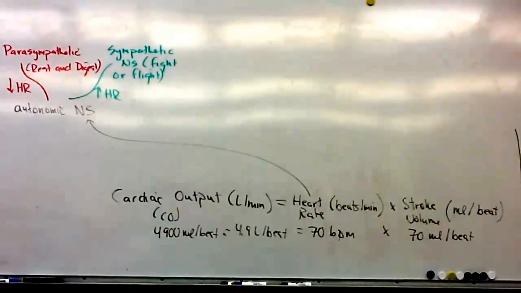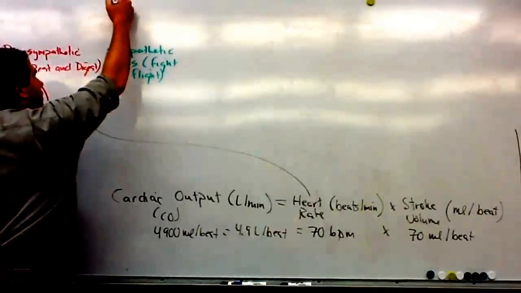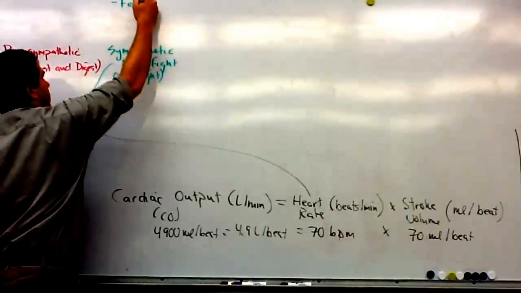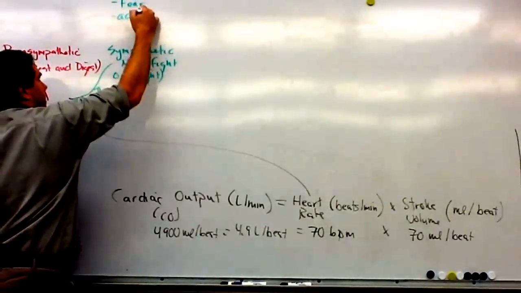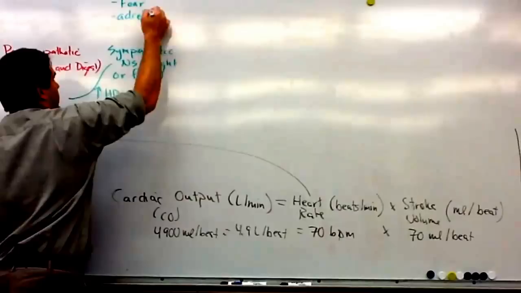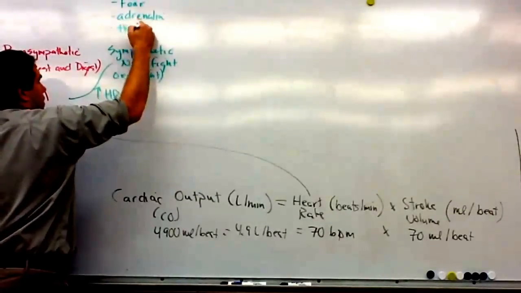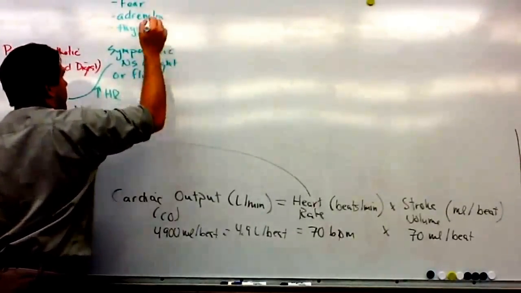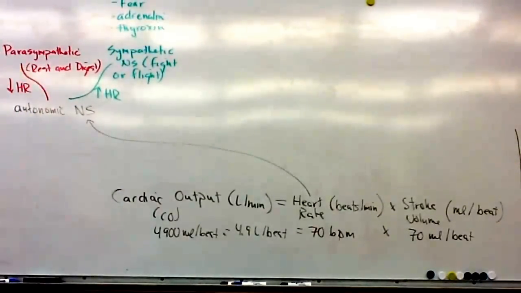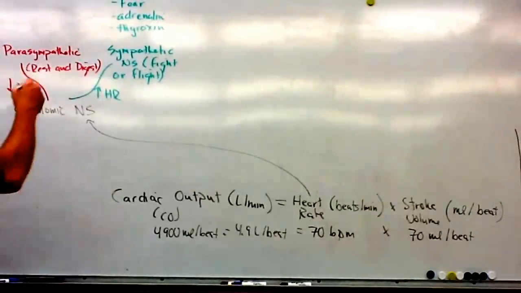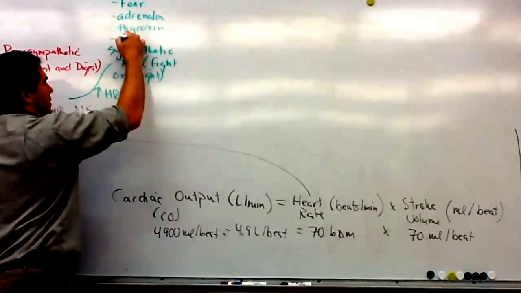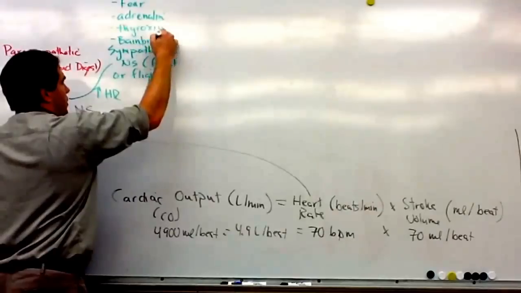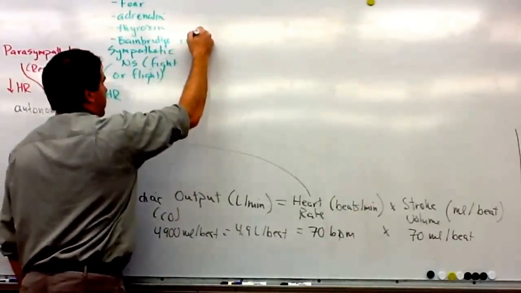There's some other things that will contribute to this, like fear, adrenaline, thyroxine, which is a metabolism hormone from the thyroid. And then there's one specific one that I'd like you to know, and that is something called the Bainbridge Reflex.